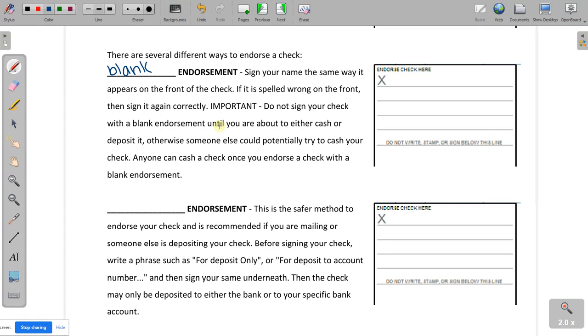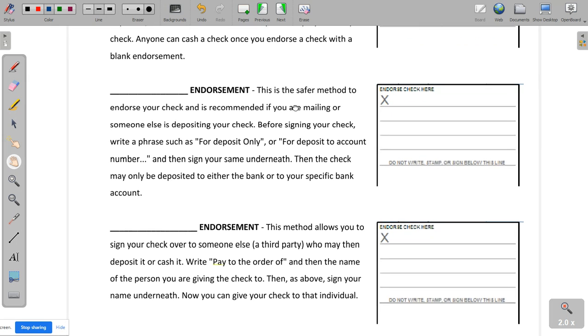You do not want to lose a check and it to be signed and endorsed, and then somebody else cashes that money and takes that money away. So all we're going to do is sign our name. And that's all a blank endorsement is.